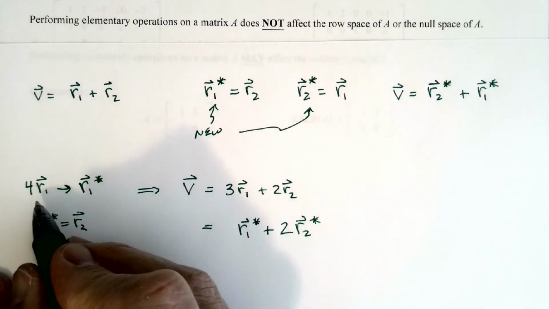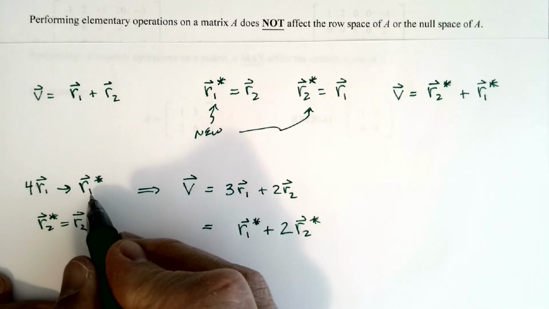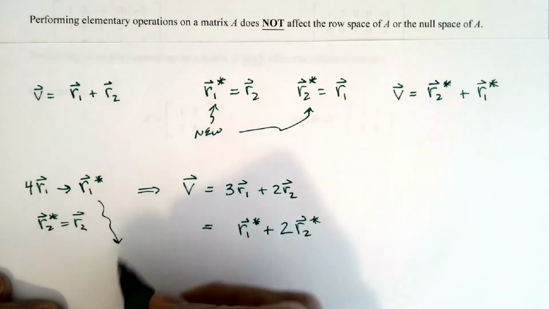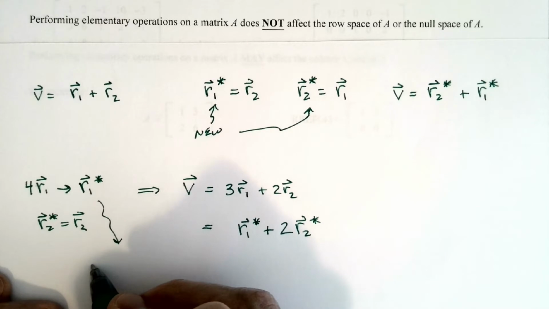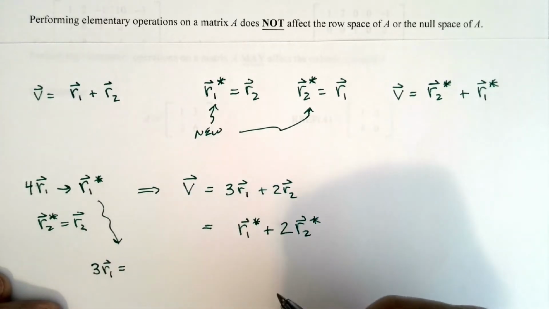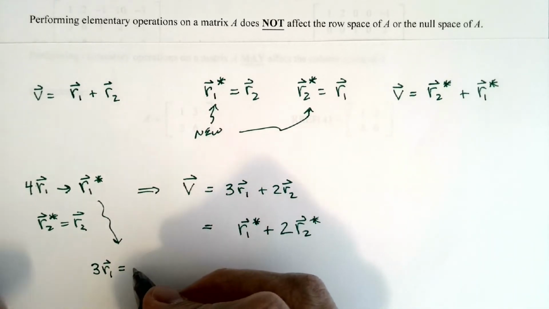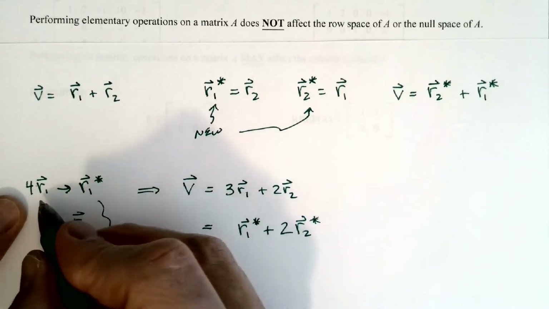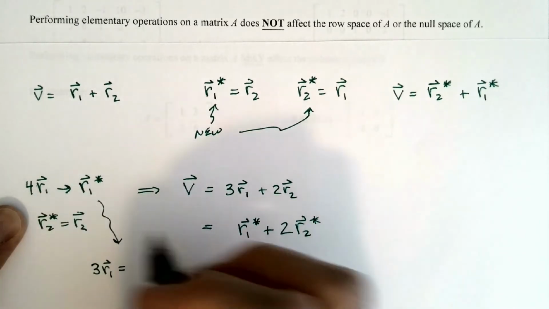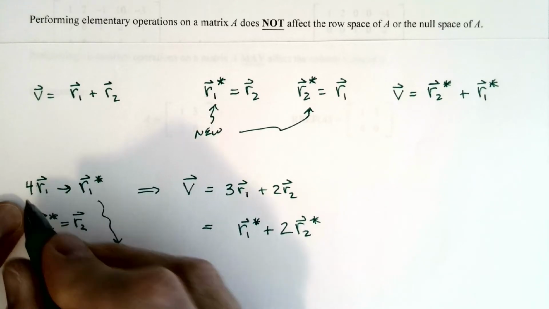Well, if 4 row 1s equals row 1 star, then 3 row 1s would be equal to what? How do I get a 3 here? I would have to multiply by what? 3/4.